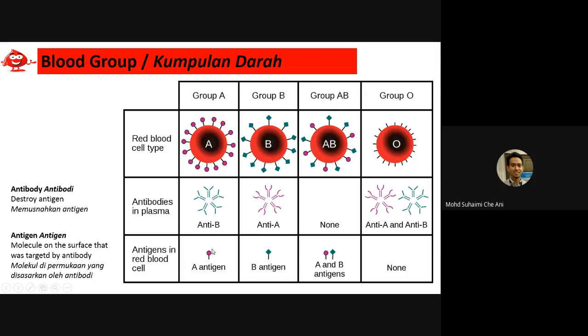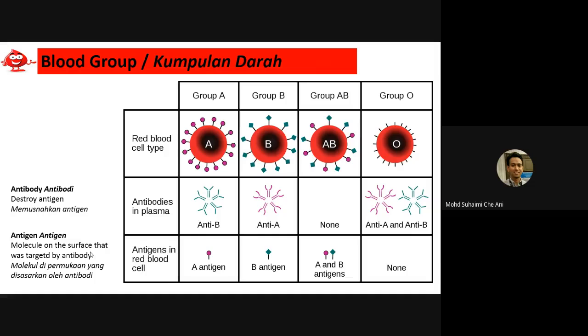And then on the surface, you have the antigen A. So what is antibody and antigen? Antibody will destroy the antigen, while the antigen is just a foreign protein substance or molecule on the surface of the red blood cells.